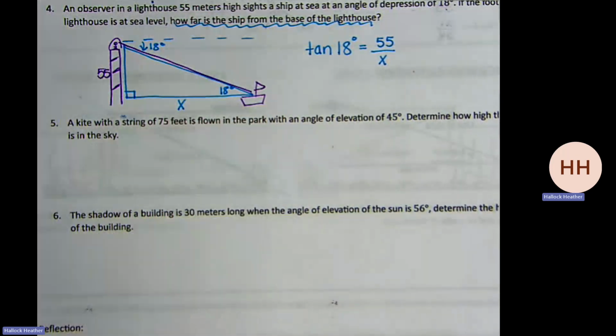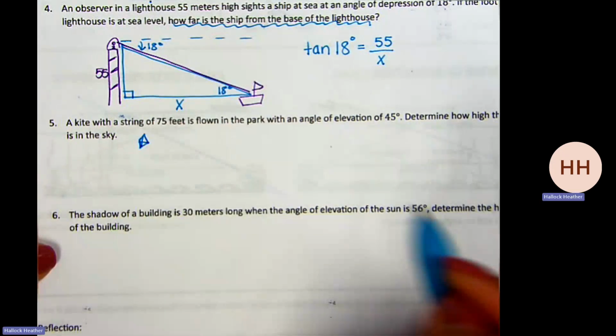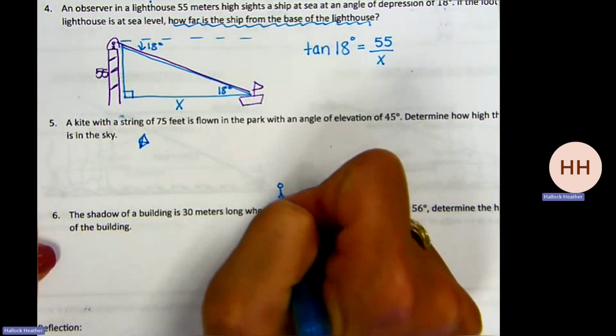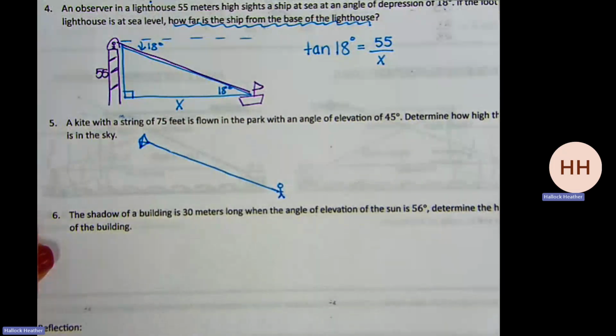When you're flying a kite, it's never flying directly above you unless the wind is like super crazy, okay? So when you're flying a kite, I'm going to draw a little picture. Here's my little kite. I'm standing off here, off into the distance. My kite is connected to my hand, right? So I'm forming a right triangle out of me flying a kite. The kite is barely ever literally straight above you.